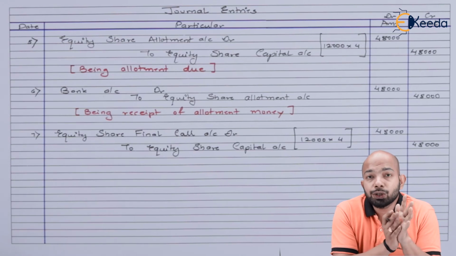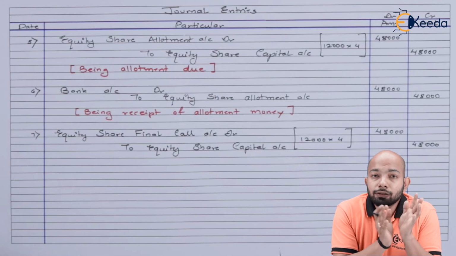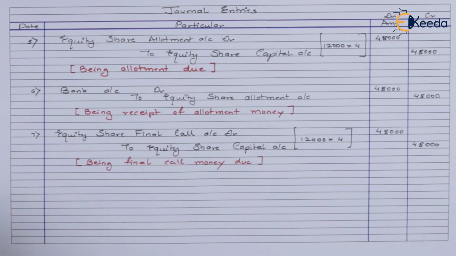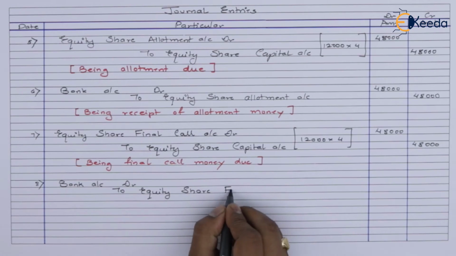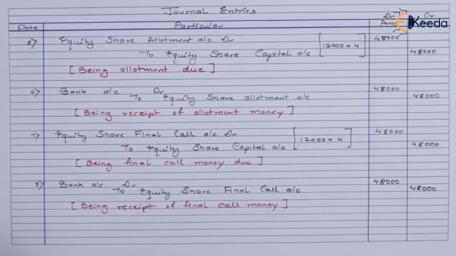Hence, that has been mentioned here. Now, the next category will refer to receipt of such final call money. So the last entry that we have mentioned here is receipt of final call money.